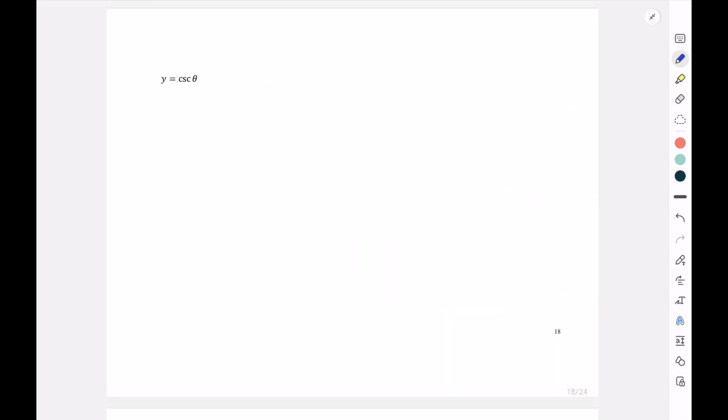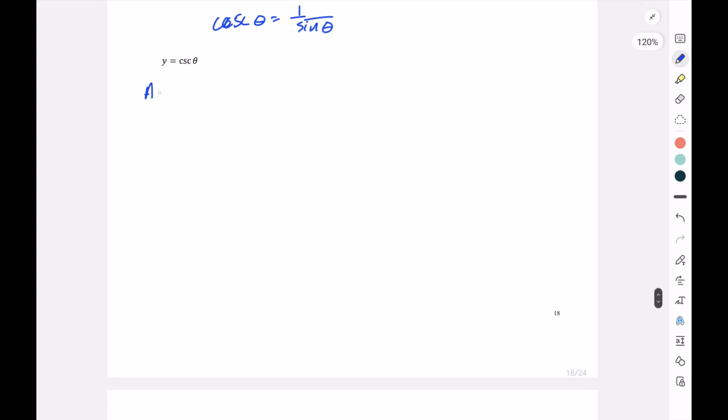So next we can look at doing y equals of an inverse trig function. So we know that for this function, it equals 1 over sine of theta. So for our amplitude, it'll just equal 1. Our period length is going to be 2 pi over the absolute value of b.